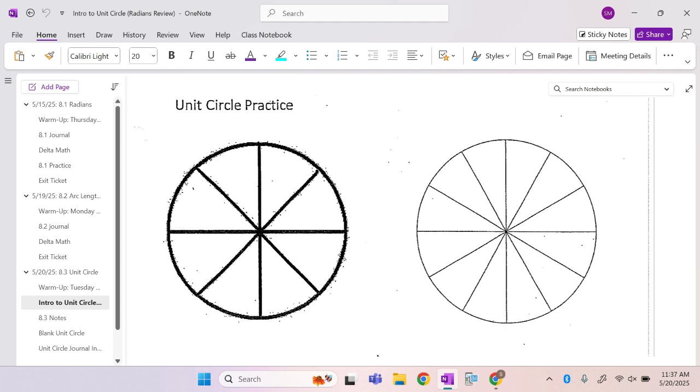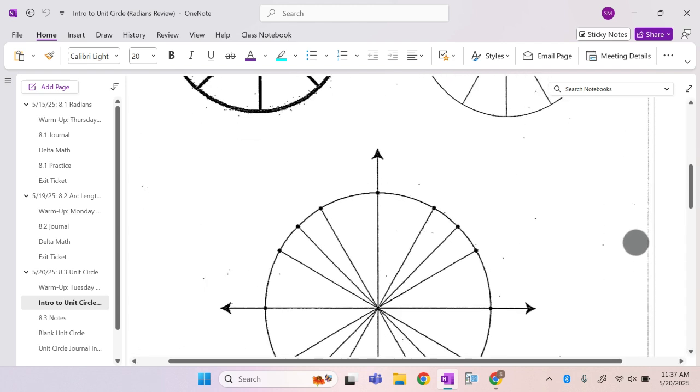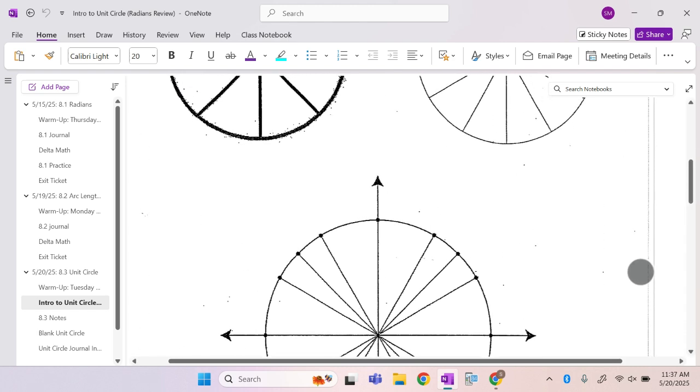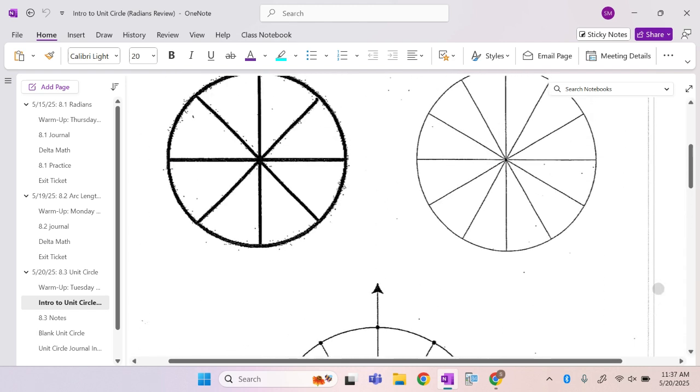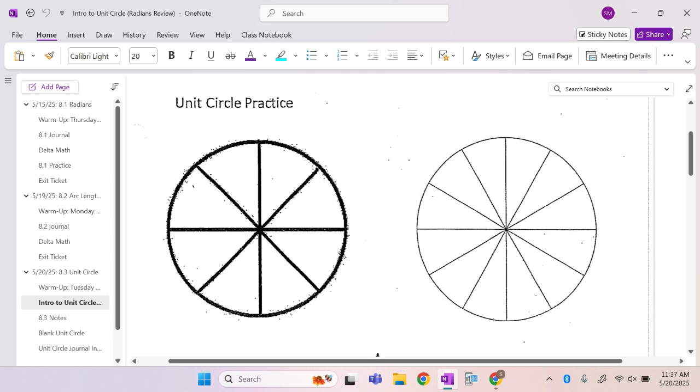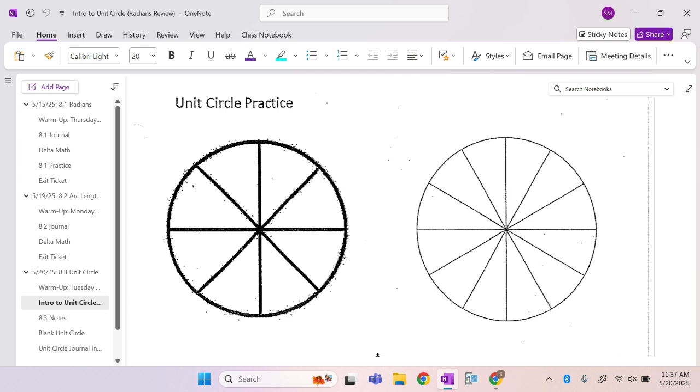All right. So the first thing that we're going to do is that we're just going to review the degrees and the radians because we technically already know this. All right. So on the front of this paper, let's start with degrees because that's the easiest.